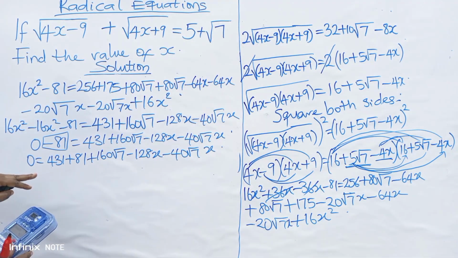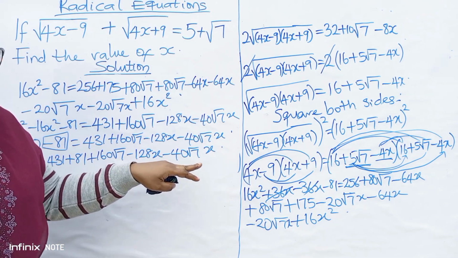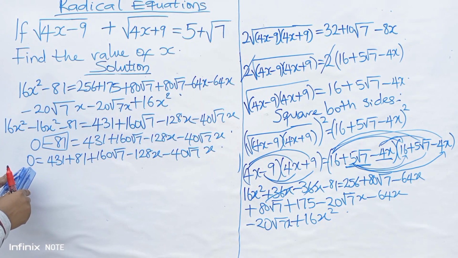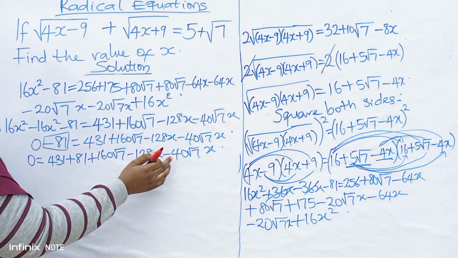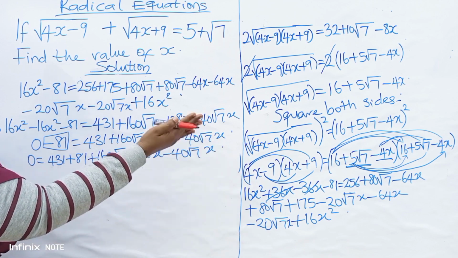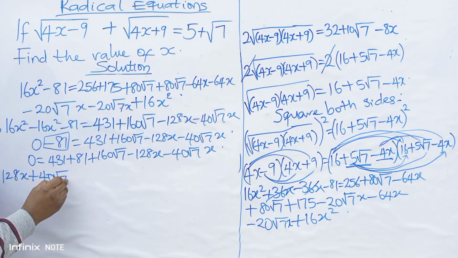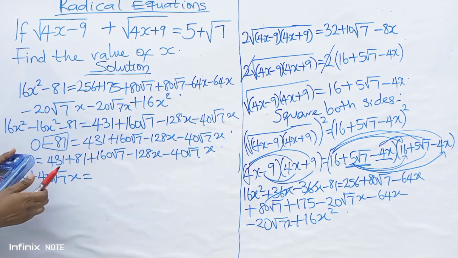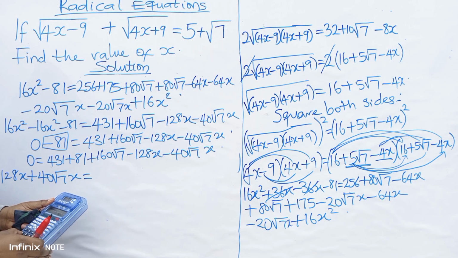Now, those with x, I want them to come to the left hand side here. So if minus 128x minus 40 root 7x come here, they become 128x plus 40 root 7x is equal to, what is 431 plus 81?